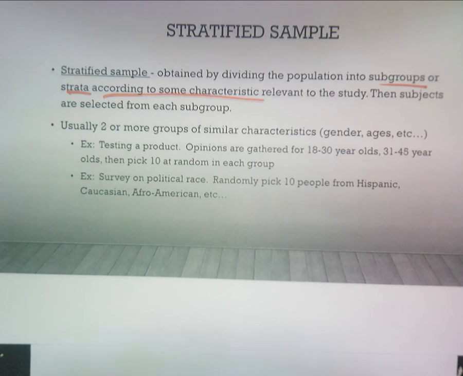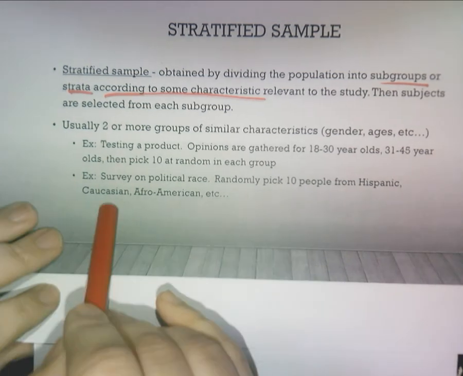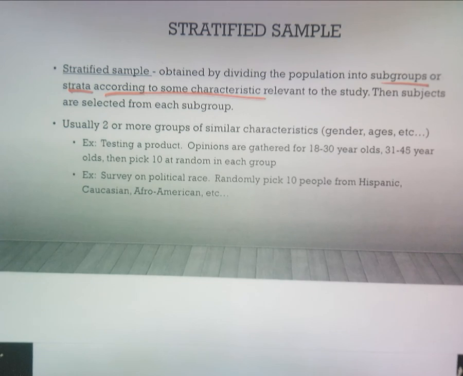So, 0 to 18-year-olds, 19 to 25-year-olds, and then they'll take like 5 people from the 0 to 18, 5 people from the 19 to 35, whatever I just said, etc.